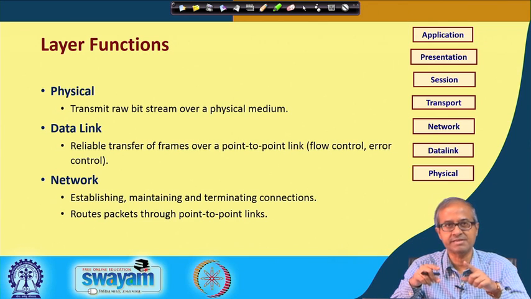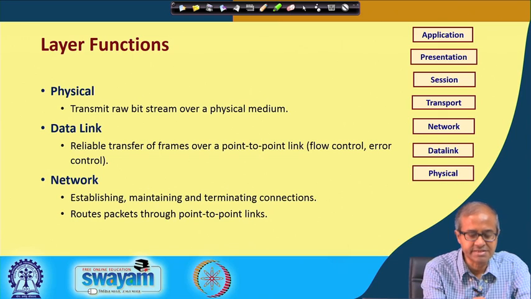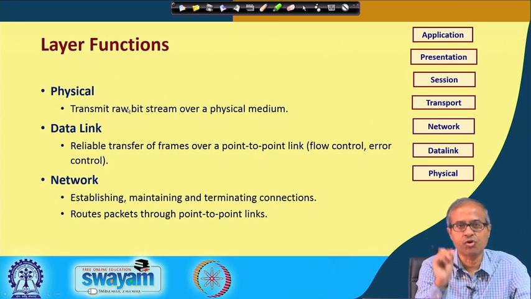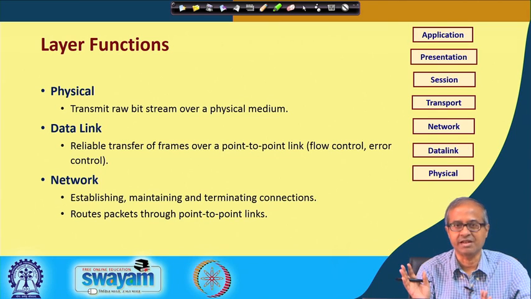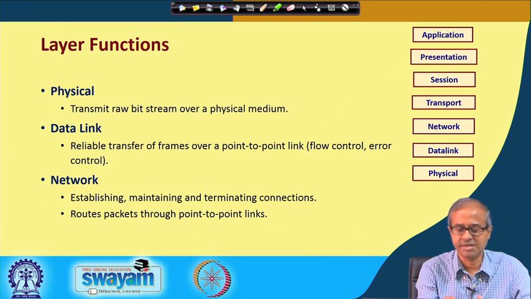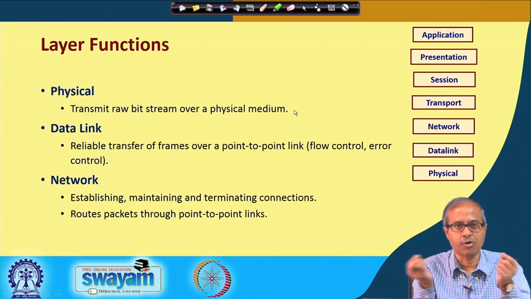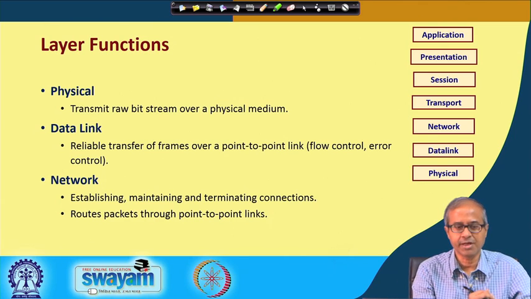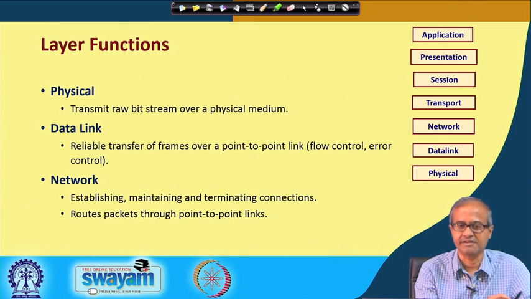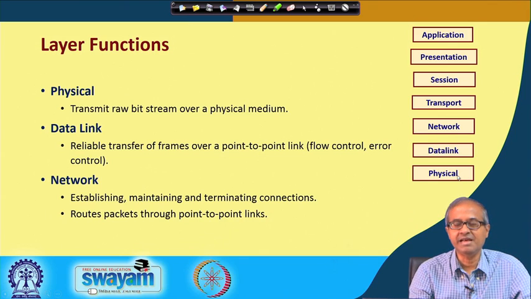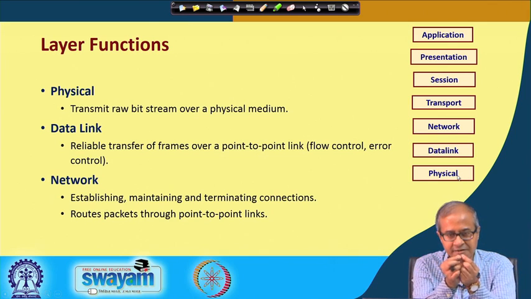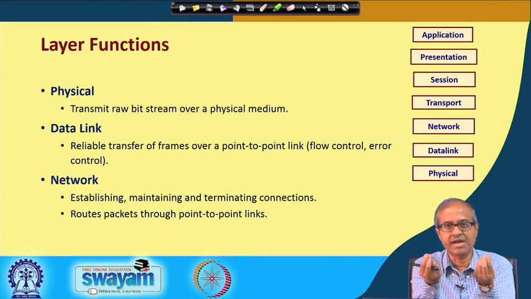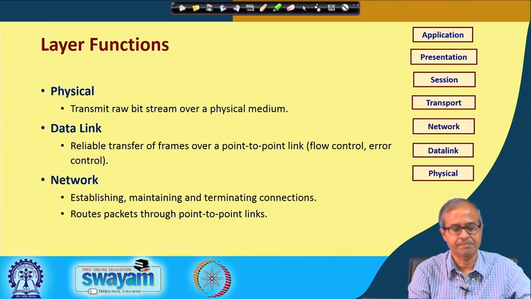This concerns the transmission of the raw bits that constitute your data over the channel, whatever channel it is, some kind of physical medium. It can be copper, it can be a fiber optic cable, it can be a microwave link, it can be Bluetooth, it can be anything. Physical layer establishes a physical connection between 2 directly connected link points.